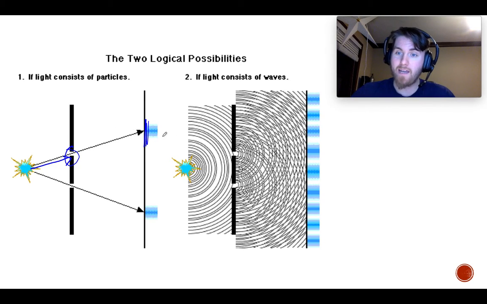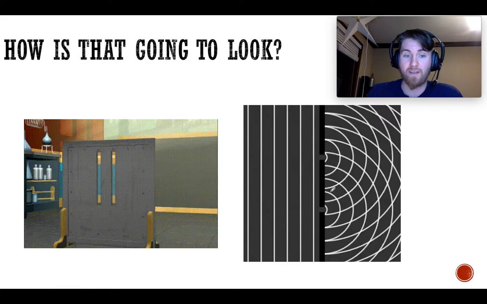Or, if light behaves as waves, these waves are going to come through and interfere with each other. They are going to have constructive and destructive interference, and then you are going to get this pattern of many, many points along this screen. Let me describe this to you again, through videos.